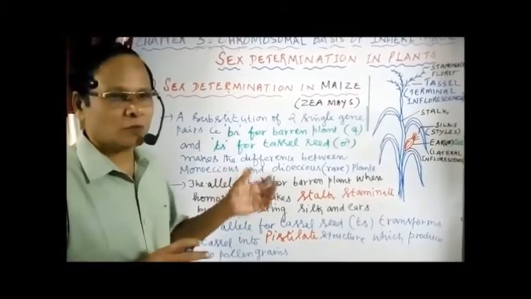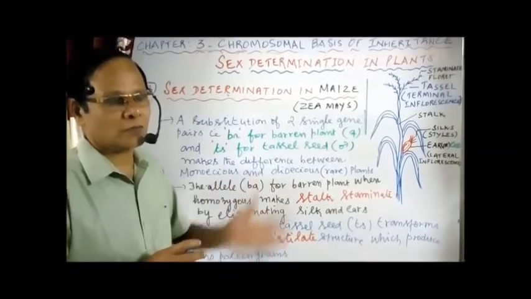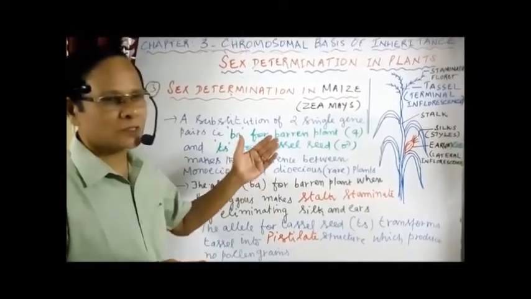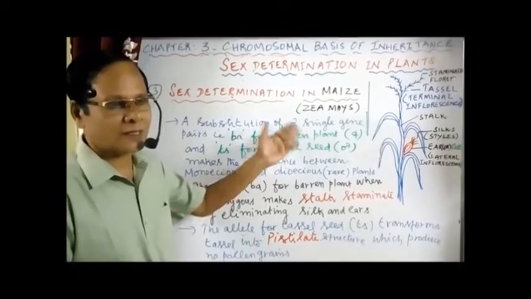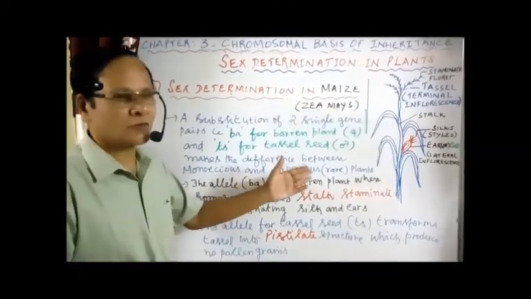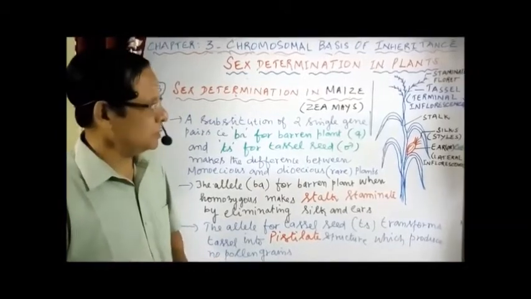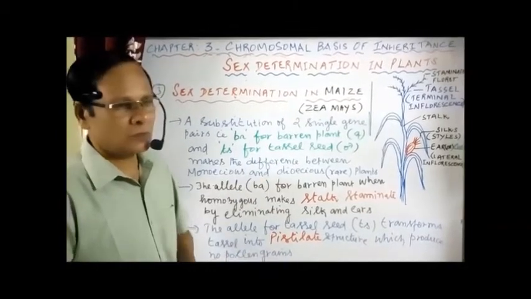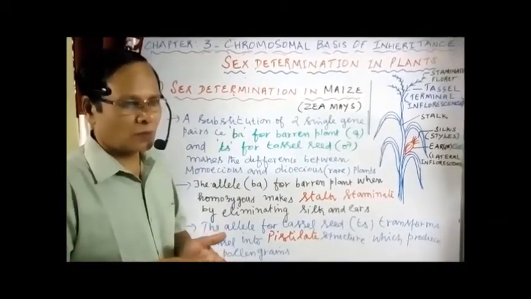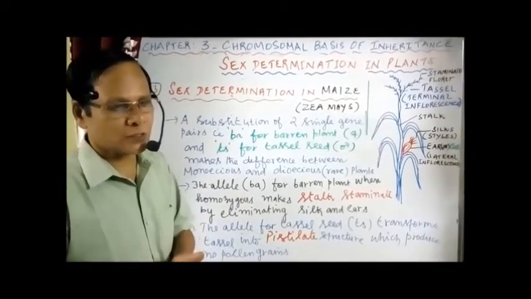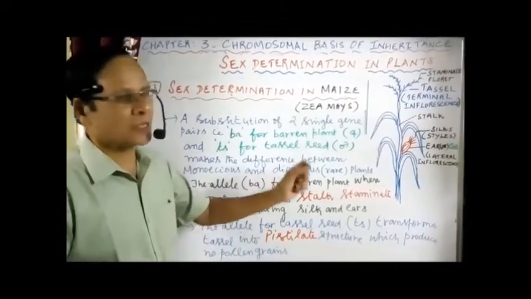Accordingly, we have developed the male or female flowers. That is, we have the terminal inflorescence or tassel, and we have the lateral inflorescence, the comb or ears. Now I will give the table to show the result of sex expression by the combination of different alleles.